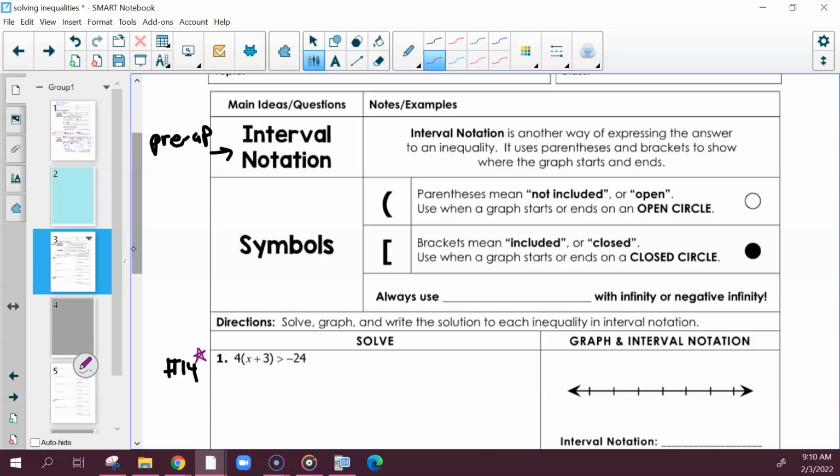So with interval notation, we have to relate our not included or our open circles to be parentheses, and our included closed circles to be square brackets, not curly, but square. And then anytime we go to negative or positive infinity, we use parentheses.